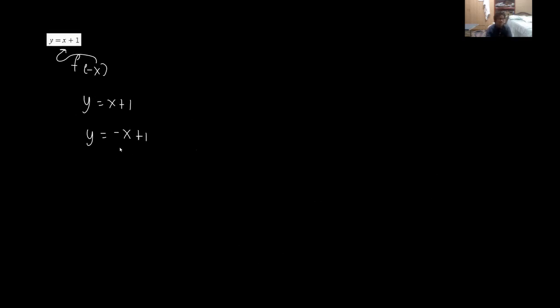Do all signs change? The answer is no. Only one term changes its sign, except for the constant. Therefore, this is neither. It's neither an even function nor an odd function. So it's neither.